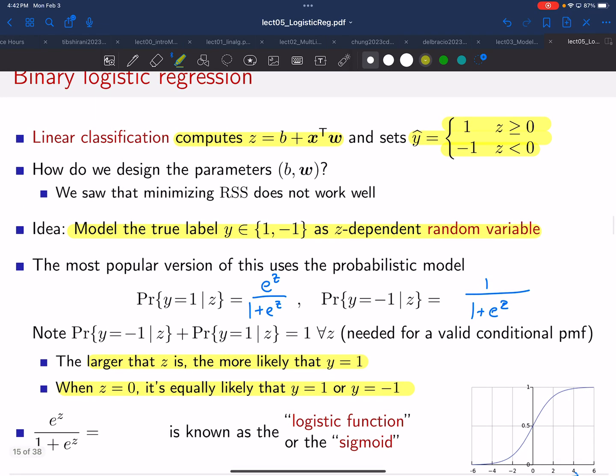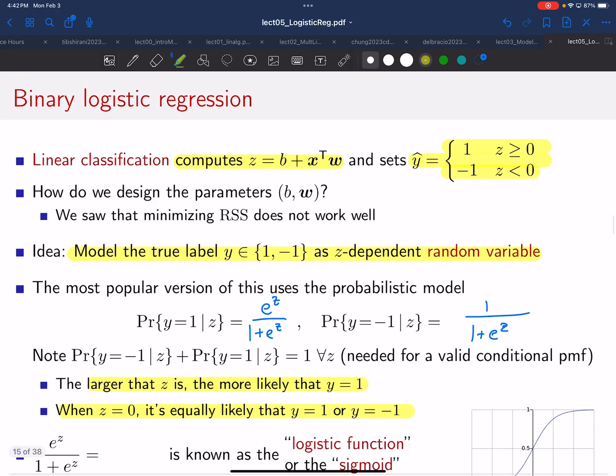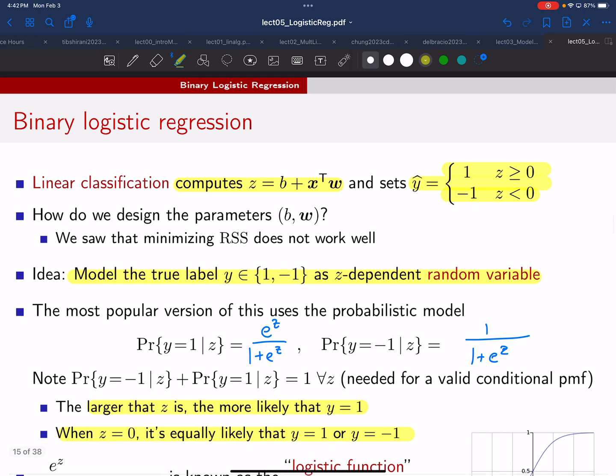So this notion of modeling labels as random is actually something that we've done before. In regression, the model that we used to justify linear regression at the end said that the true label is, again, the same z plus some sort of error, where the error was Gaussian with zero mean and some variance sigma squared.